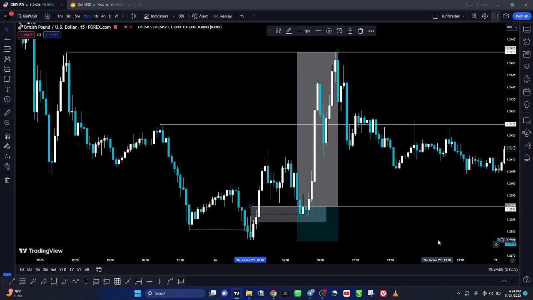You can break the 0.5 into two parts, sometimes even three or four, but mostly two, three is okay. So let's say you break it into two parts. So you have 0.25, 0.25, two times. Don't just enter once, because most times price might just tap at this level and start going up.